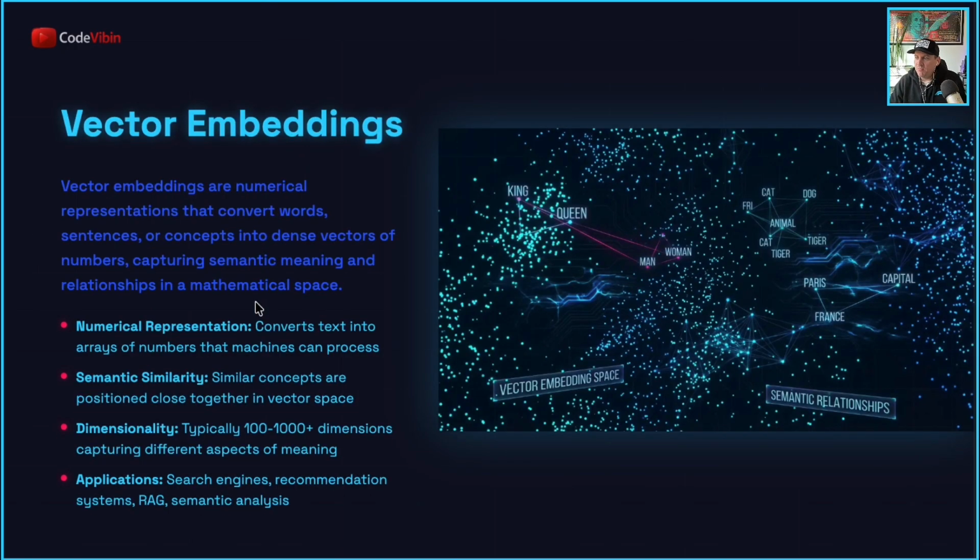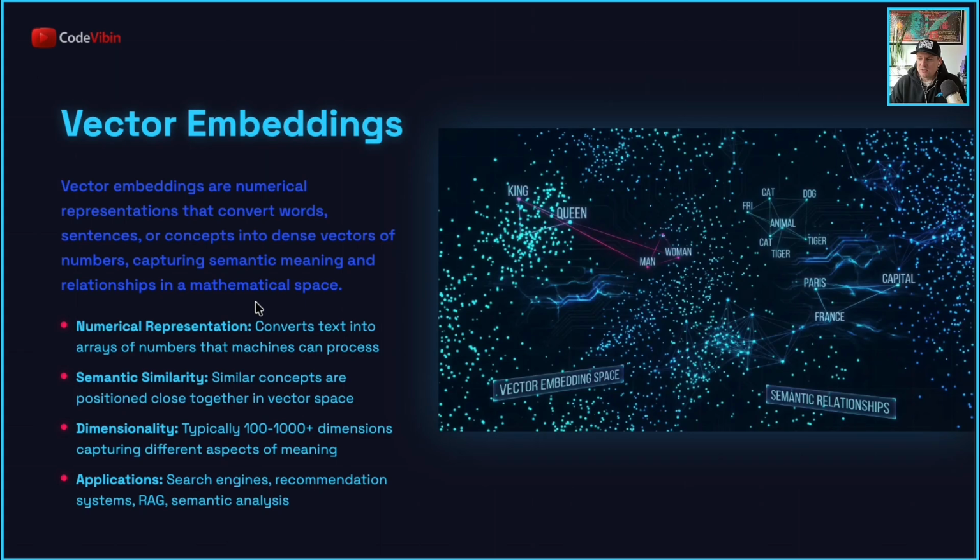Vector embeddings. Vector embeddings are numerical representations that convert words, sentences, and concepts into dense vectors of numbers, capturing semantic meanings and relationships in a mathematical space. Numerical representation converts text into arrays of numbers that machines can process. Semantic similarities: similar concepts are positioned close together in a vector space.